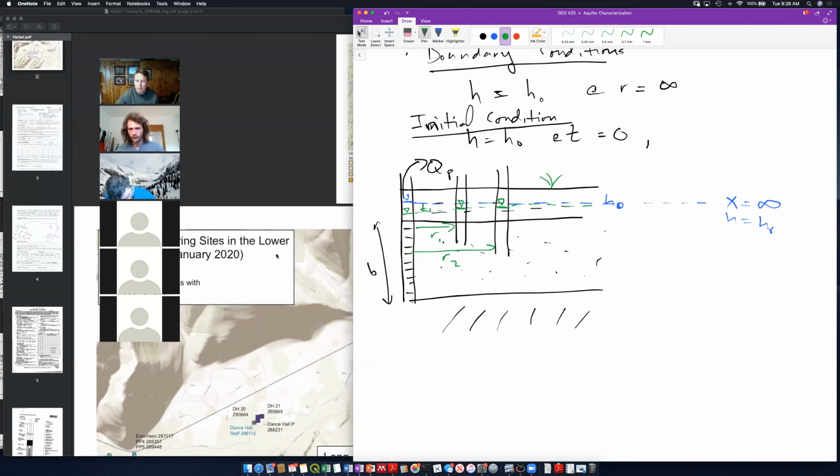All right. So we can derive an analytical solution to this scenario with these boundary conditions and this governing equation. And so this analytical solution for drawdown at a well, this is the Theis equation.